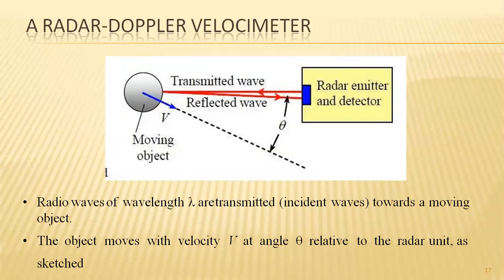that are transmitted towards the moving object or dynamical object, where that object is moving with a particular velocity, and it reflects back the reflected waves at a certain inclination, at an angle theta to the radar unit. That is from the projected strategy or source strategy as displayed on the screen.